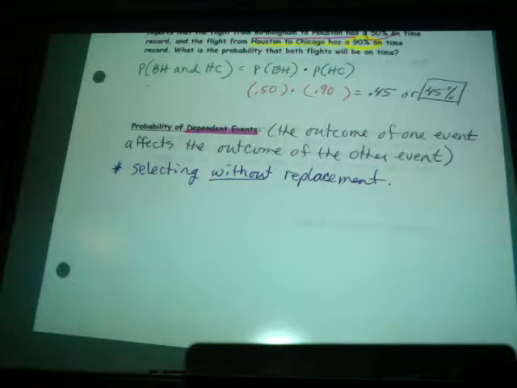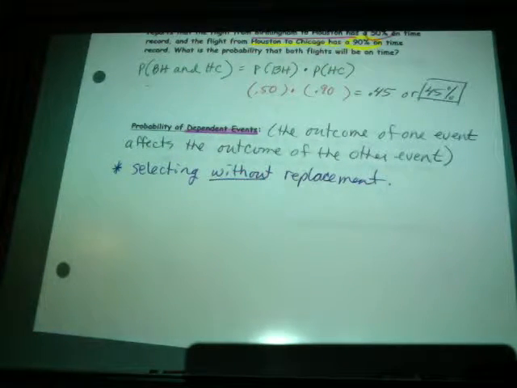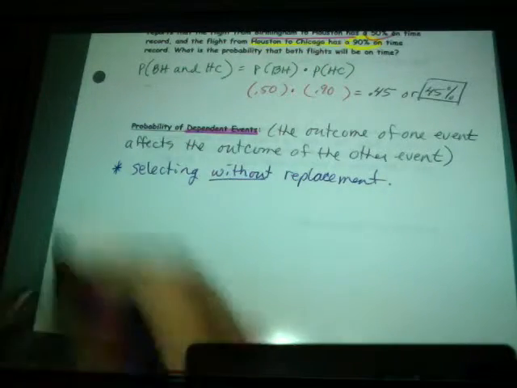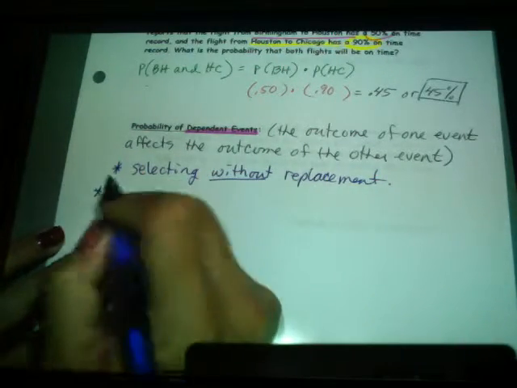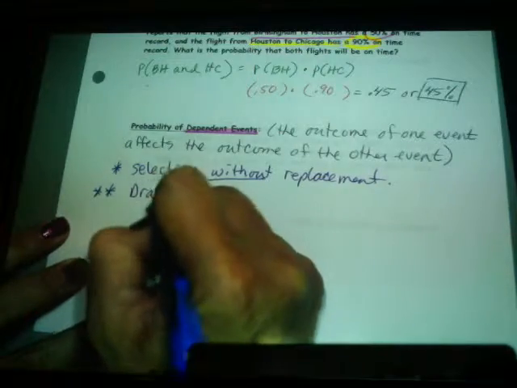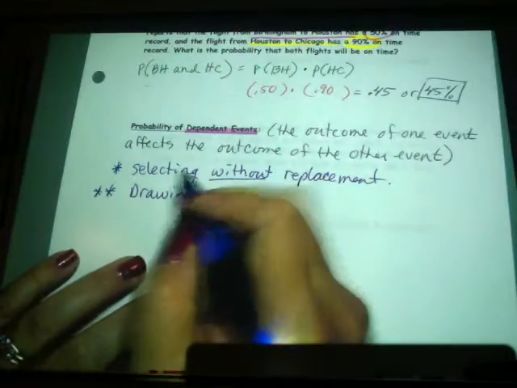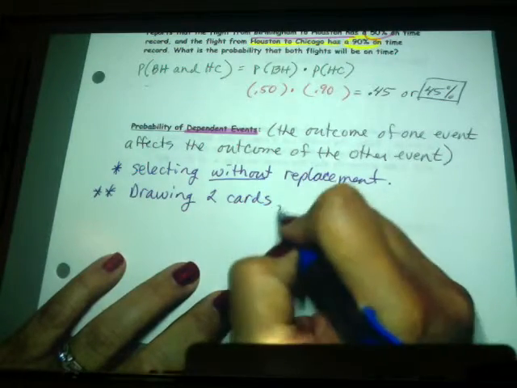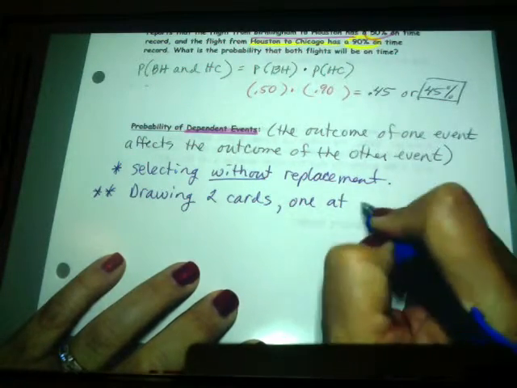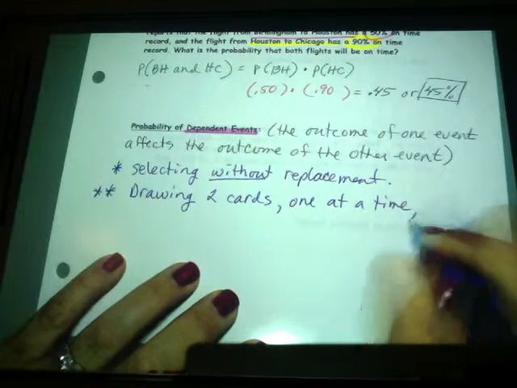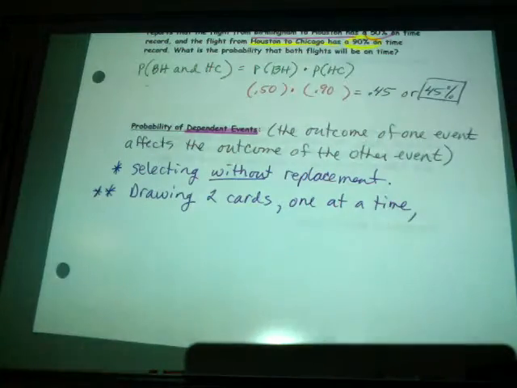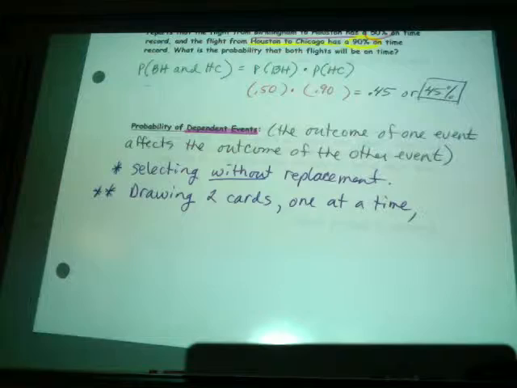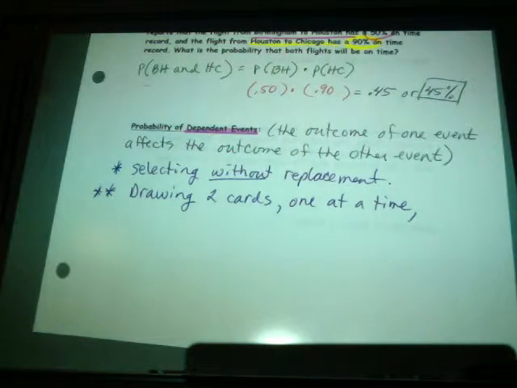It could be a deck of cards. I could be drawing out a card and putting it back in, then drawing out a second card and putting it back in. So let's write that one down. Drawing 2 cards. Each draw is considered a separate event, one at a time. The reason I'm writing one at a time: remember yesterday you were dealt 5 cards or 10 cards, and you wanted to know how many outcomes there could be.